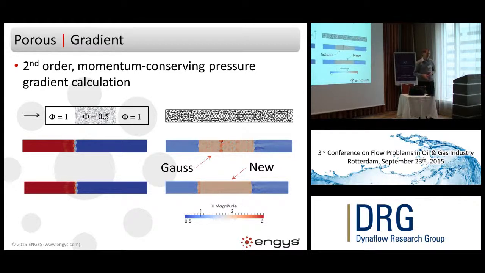The problem is that's not momentum conserving, so we've developed a skew corrected blend of the two that uses the least squares method to do the skew correction, and you can see just in this simple tube how that improves the prediction of the velocity through this little porous region in the middle of the tube here.